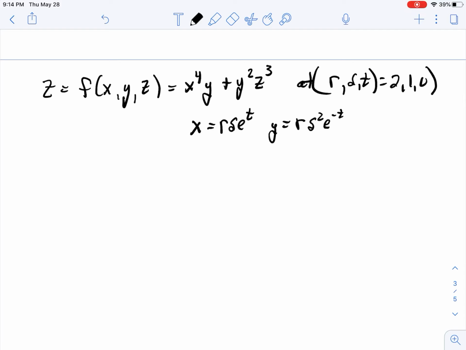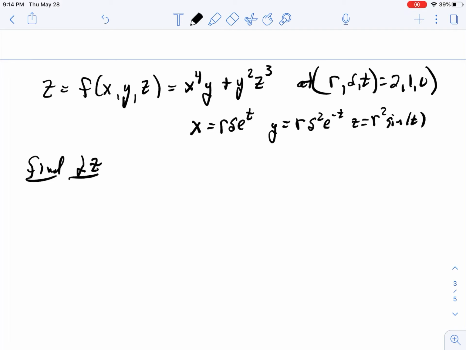My y is represented by r s squared e to the negative t. And my z is represented by r squared sine of t. All right, so which one do we want to find here? Obviously dz, but which letter? So we have r, s, and t. So let's just do dr. Okay.